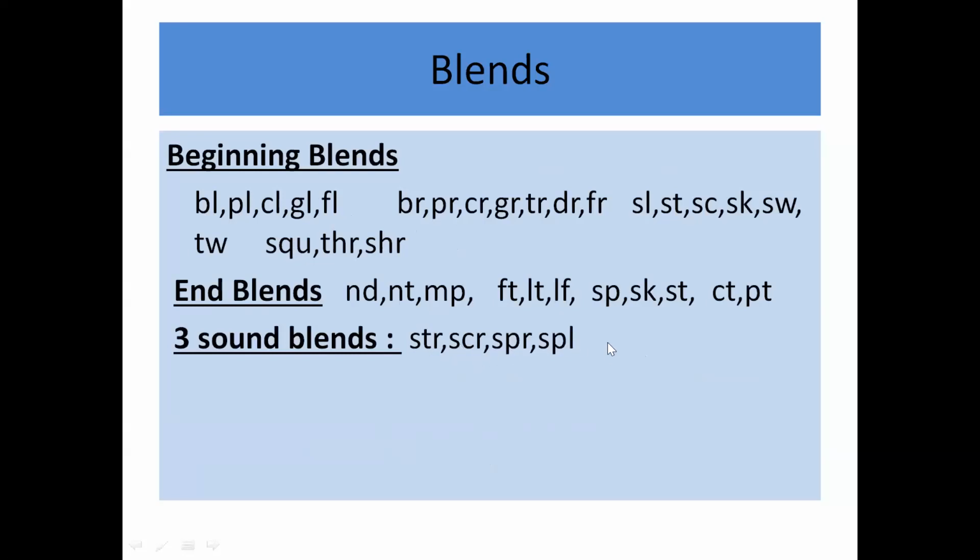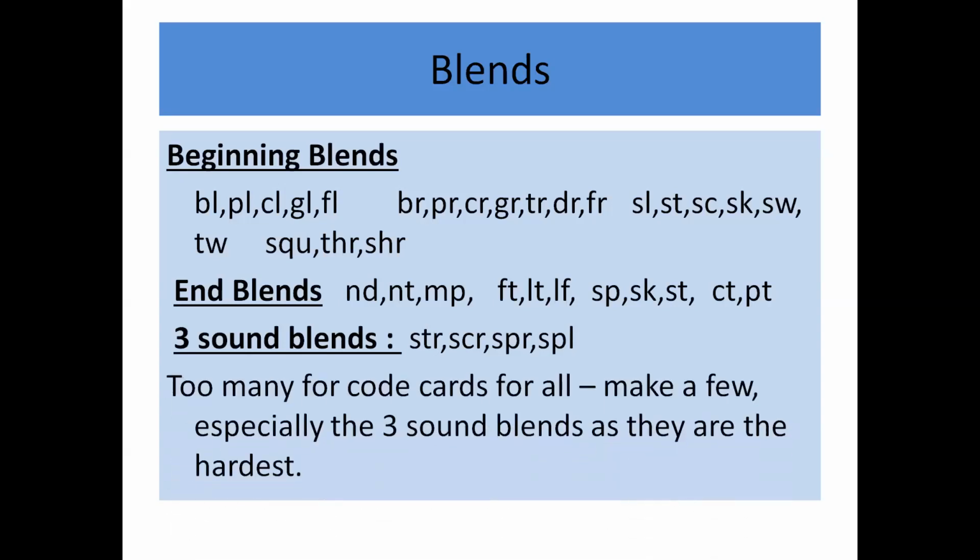Now there's way too many blends to make those little code cards for them, like I showed you. Maybe you want to make some just for these 3-letter blends, but otherwise you're probably just going to build those blends on the single cards that you've had. Okay.